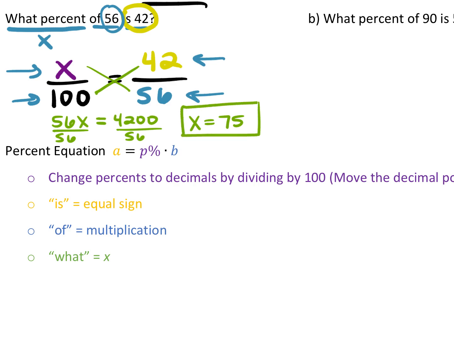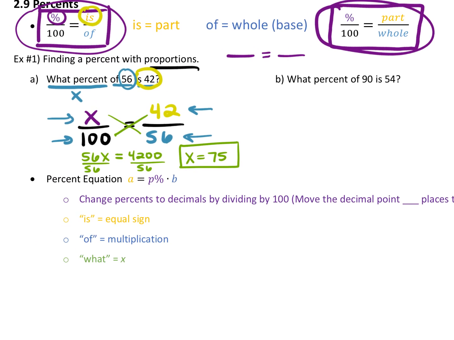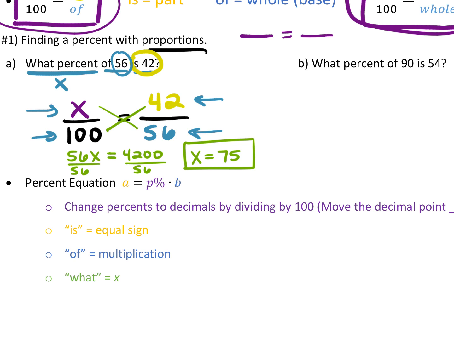Now, that's our answer, but what is our answer? It says what percent of 56 is 42? So it's not the number 75, it's 75%. Okay, now think about that. 42 is 75% of 56. Does that make sense? If you put it back into a sentence, let's think through, does this setup work?